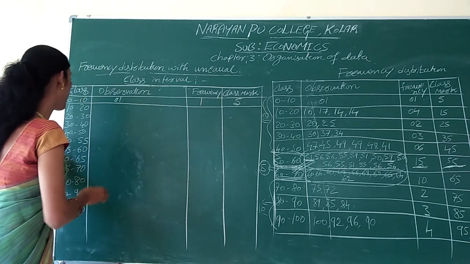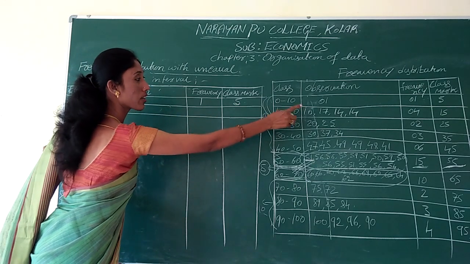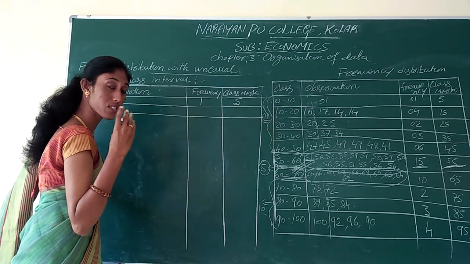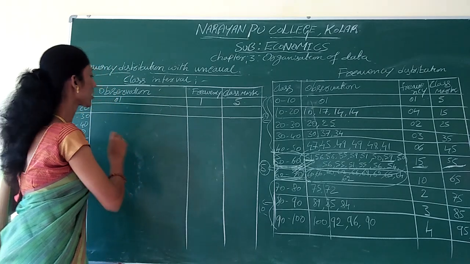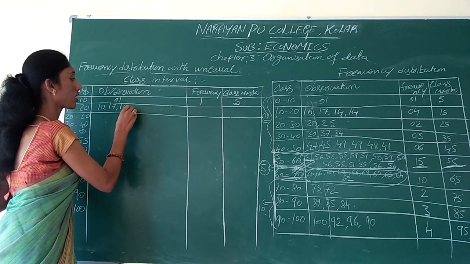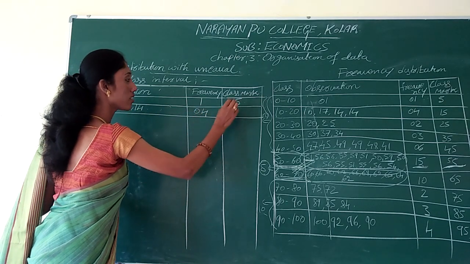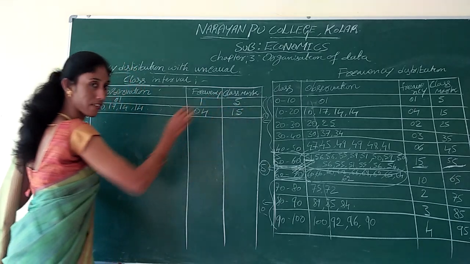Got it? Next, 10 to 20. Here we have 4 observations, and the frequency is 4. The class mark is as usual 15.